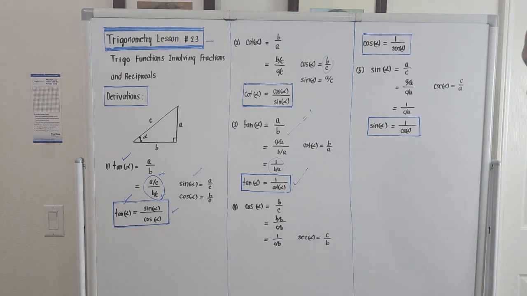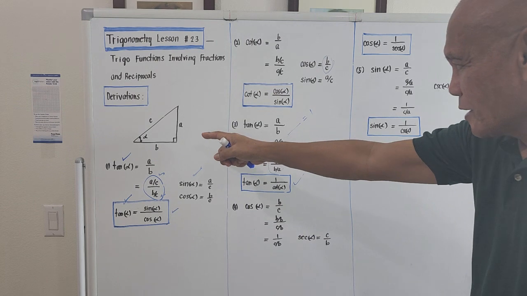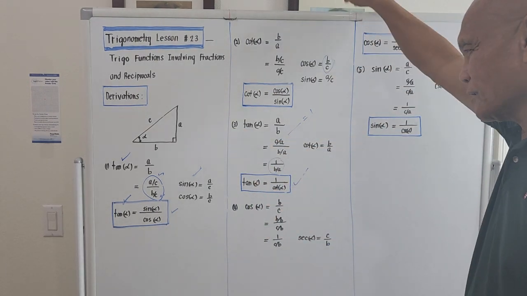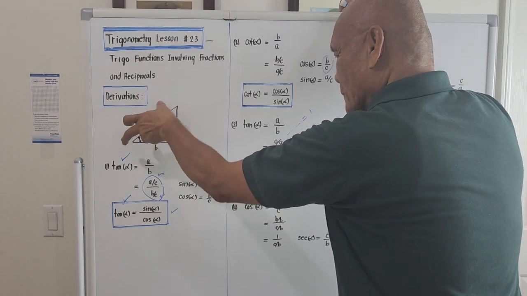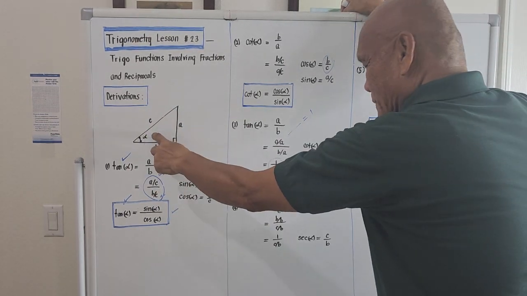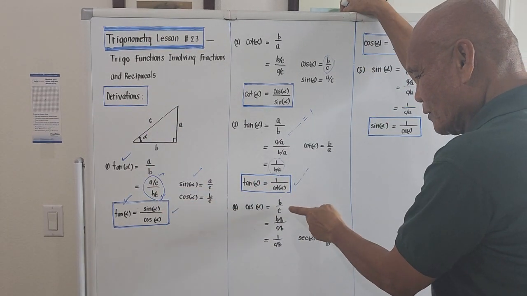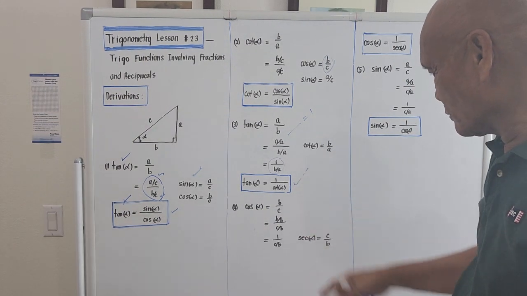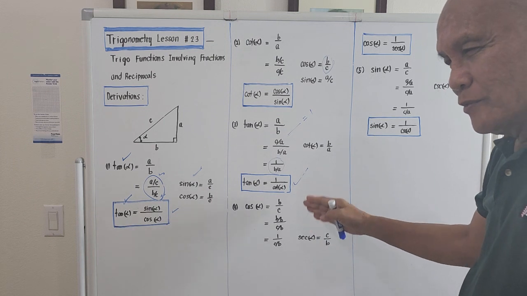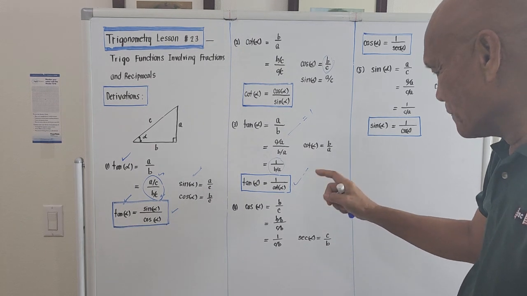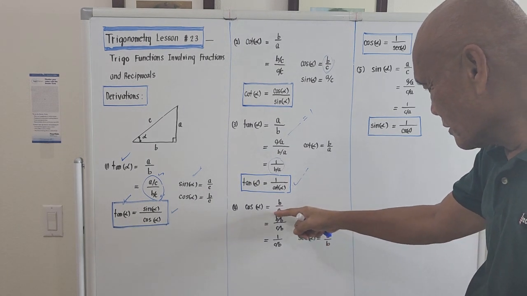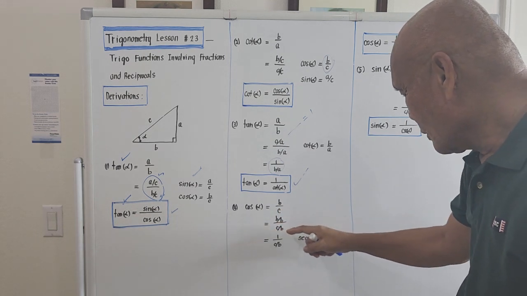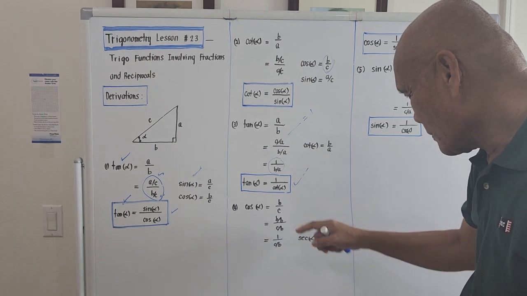Next one. We'll take the cosine of angle alpha. Cosine is actually adjacent over hypotenuse, considering alpha, right? It should be the ratio B over C. Then, to derive the next equation, we will divide both the numerator and denominator by B. So this is small letter b over small letter b all over C over small letter b.